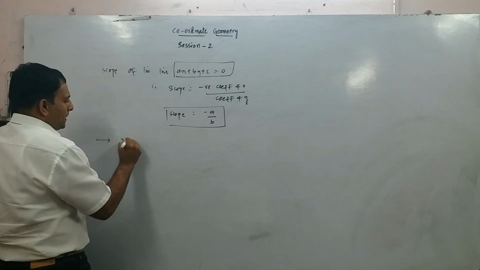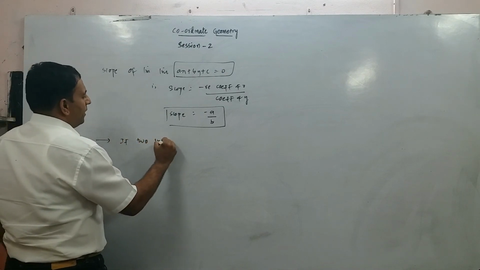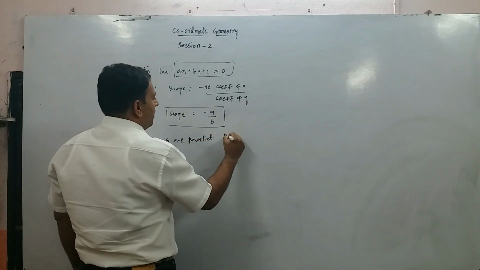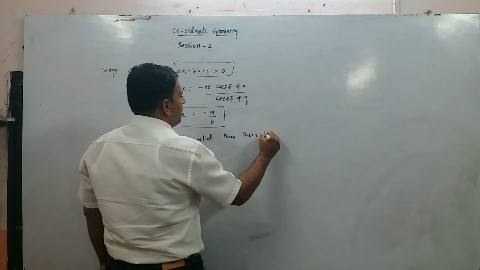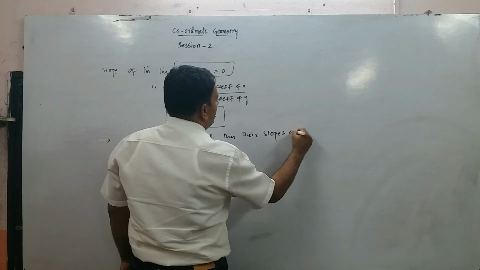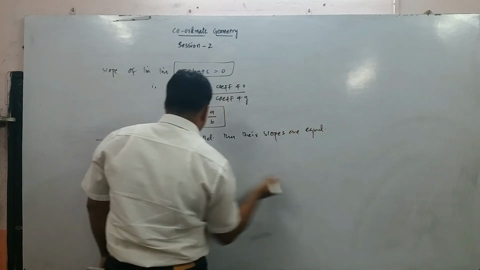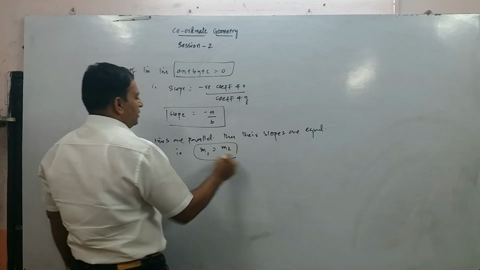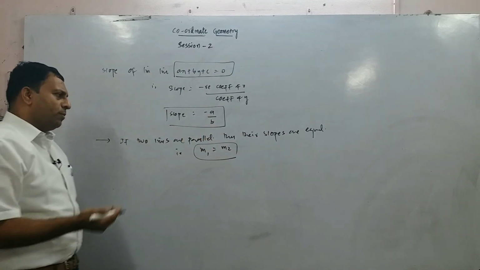If two lines are parallel, then their slopes are equal. That is, M1 is equal to M2, where M1 is the slope of the first line and M2 is the slope of the second line.